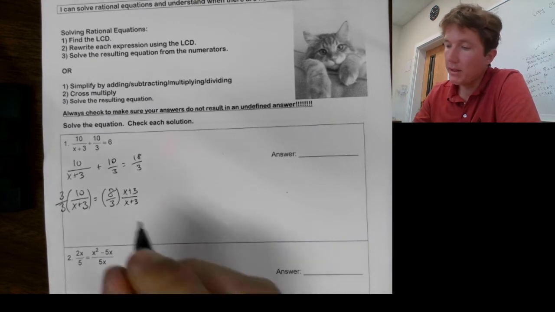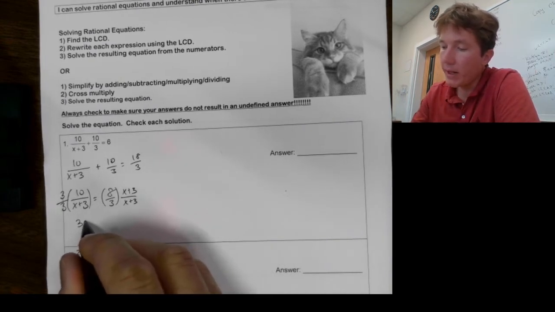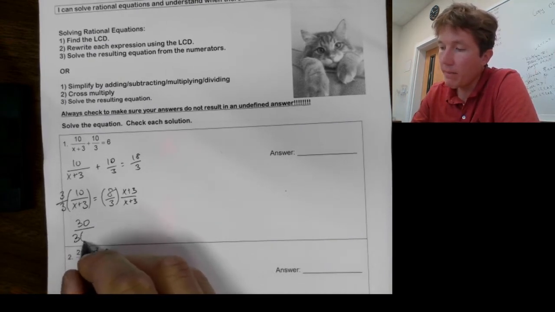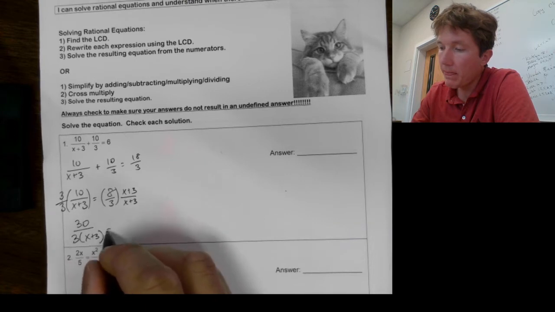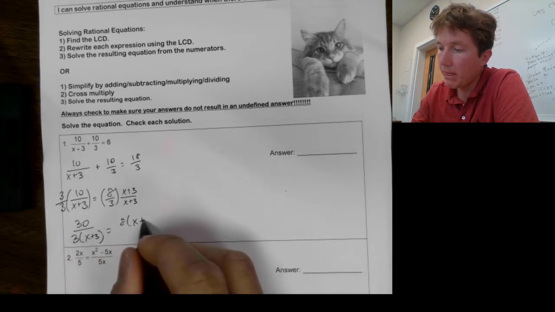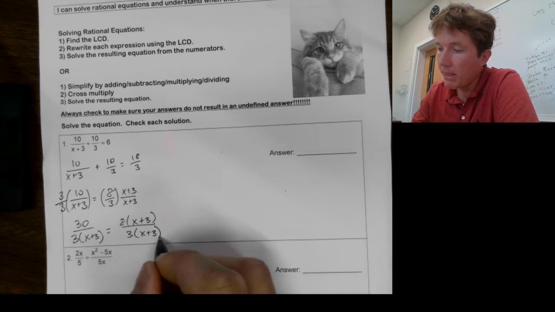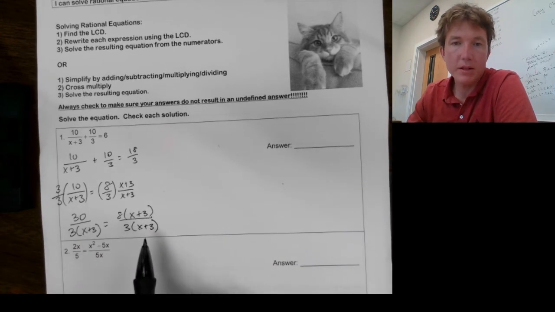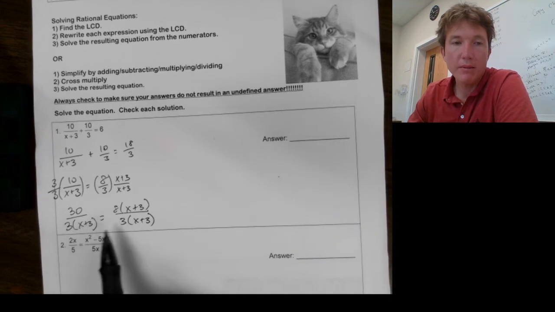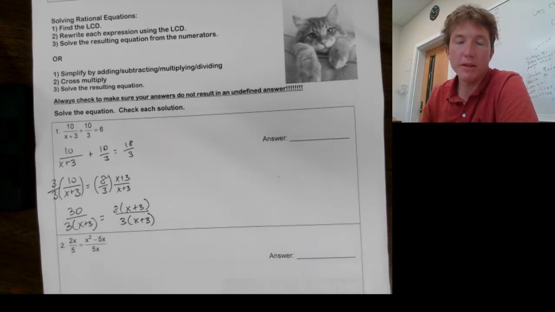What that allows me to do is have the same base, just like that. So now I've got the same base, and once you have the same base, it basically goes into oblivion.